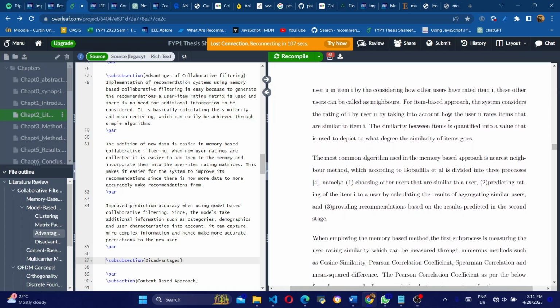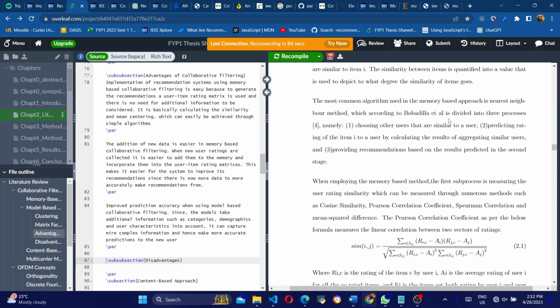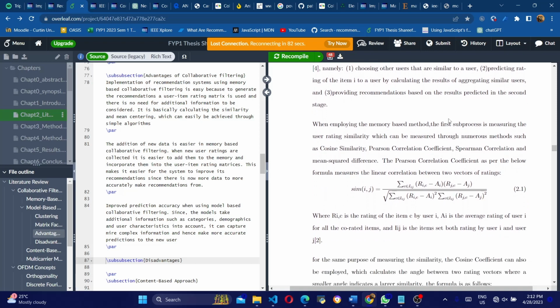So for us to find the similarity between users, we have to quantify similarity into a value. We can quantify similarity through various algorithms, such as cosine similarity, Pearson correlation coefficient, Spearman correlation, and mean squared difference.